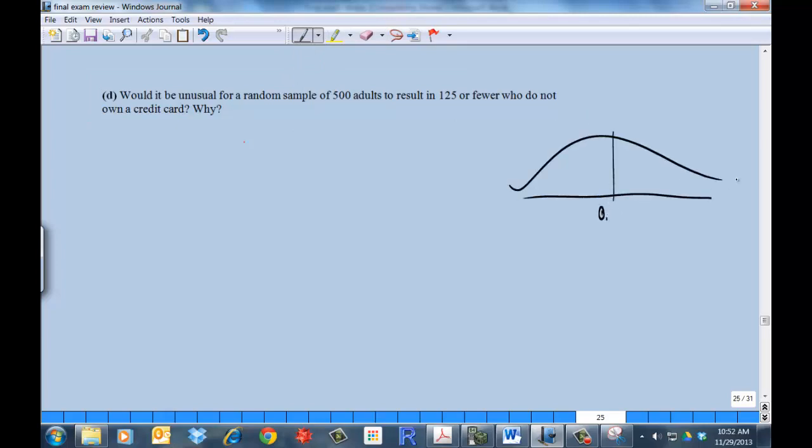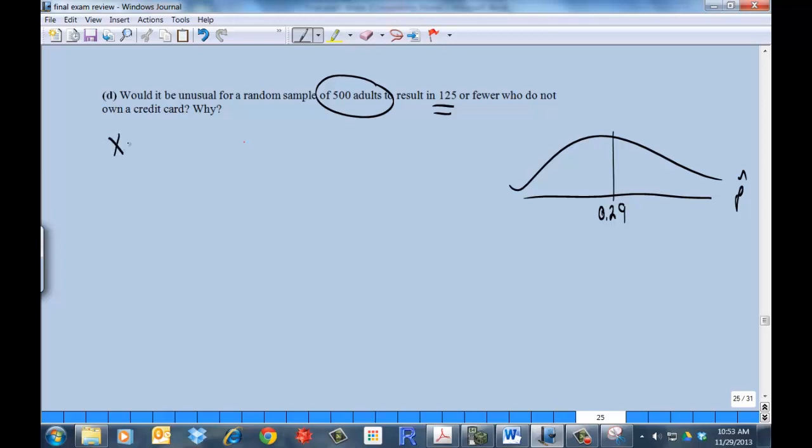The mean is the same, the standard deviation is exactly the same. And we're going to locate 125 or fewer. Out of the 500 adults that we've selected, what is the probability that 125 or fewer do not own a credit card?